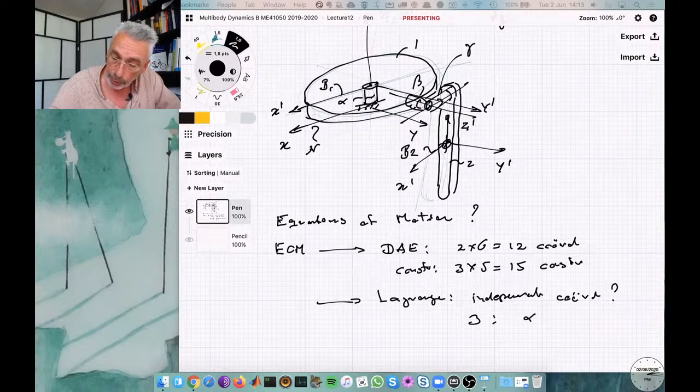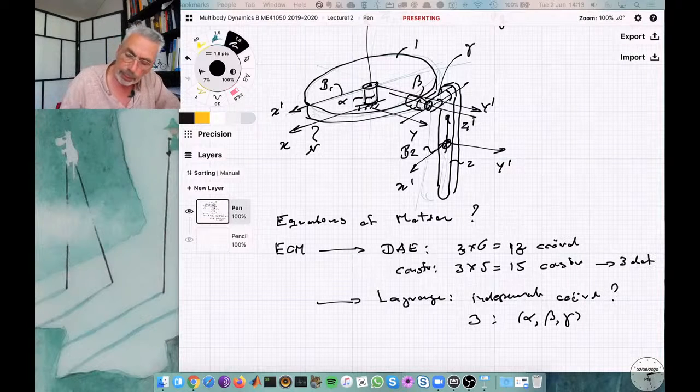I can say they're alpha, beta, and gamma. Of course this is 18, of course 18 minus 3, I have 3 degrees of freedom. Now I can write everything in terms of these alpha, beta, gamma and the alpha dot, beta dot, gamma dot.